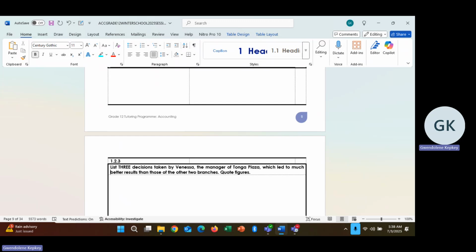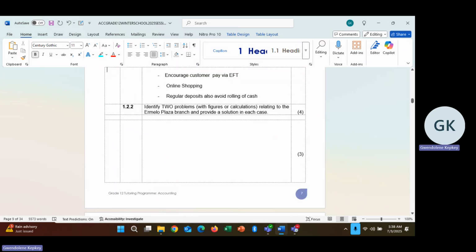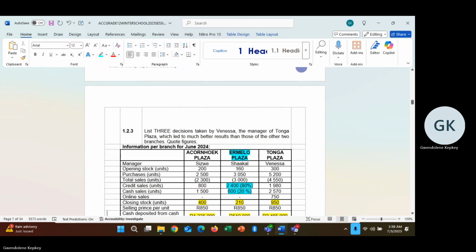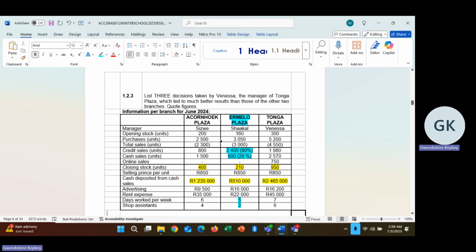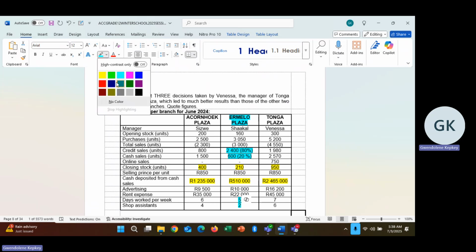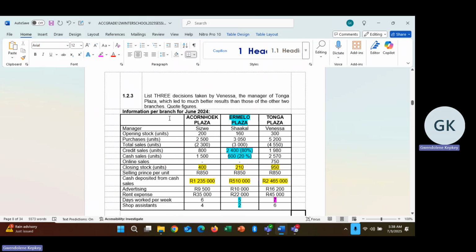Okay, so let's go and check there, my information. So we have completed Ermelo now. Now they want us to look at Torga. What is different compared to the others? With Torga, first of all, they're working a total of 7 days. That is what's different. Then they are prepared compared to the other branches to spend money on advertising.